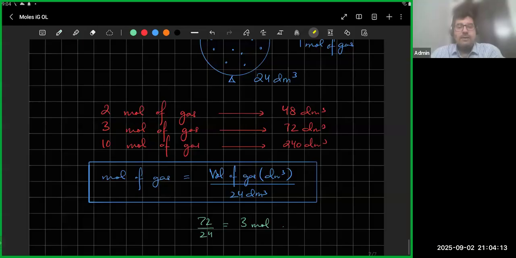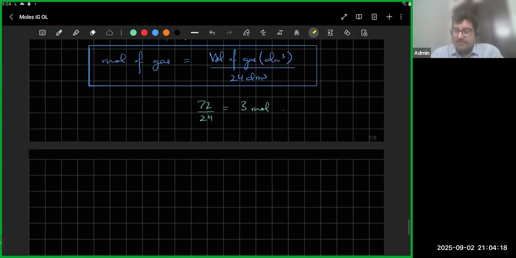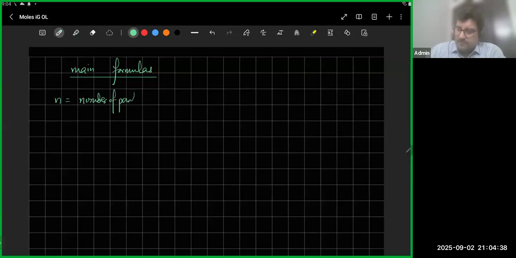I said, now we're done with all 4 formulas. And I'm going to write all of them. Okay, so main formulas. I mean, the other formulas as well, but they're not the main thing. We're going to do the other formulas at the end, but the main formulas are, there are 4 of them. First thing, if you're given the number of particles, divided by the Avogadro's constant, that's formula number 1.